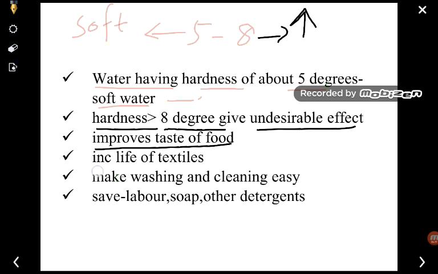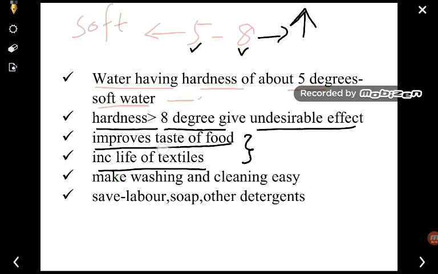It also increases the life of textiles. So these two points are advantages of soft water. So if a water has hardness between 5 and 8 degrees, then we say that it is soft water. And what are the advantages?